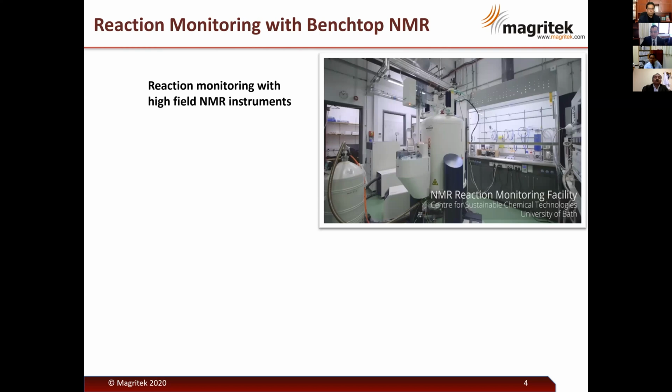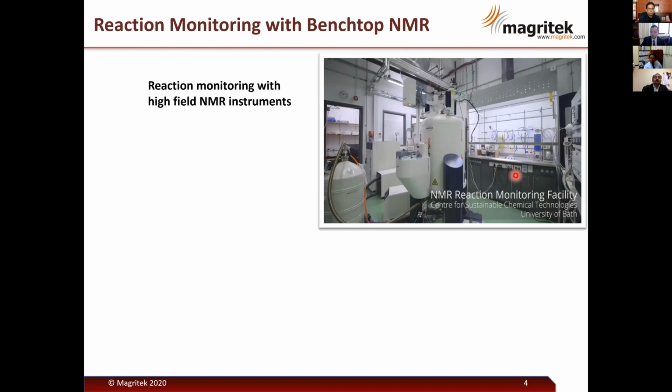So it's not just for one lab to use. And as you can see in this picture here, the NMR spectrometer takes up most of the room. There's a fume hood to do reaction. And if you look closer, there are tubings and wire to connect the NMR spectrometer to the reaction. So it is quite cumbersome to set up reaction for monitoring with a high field NMR system.